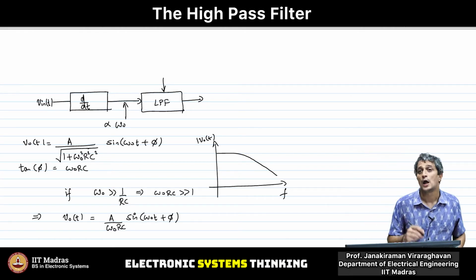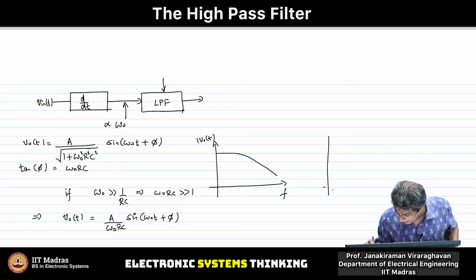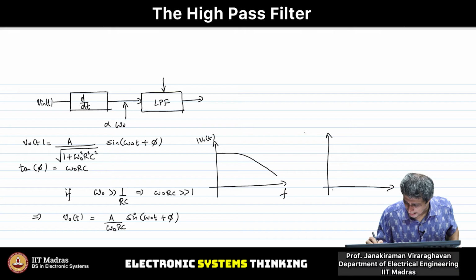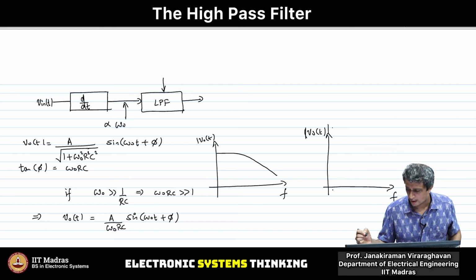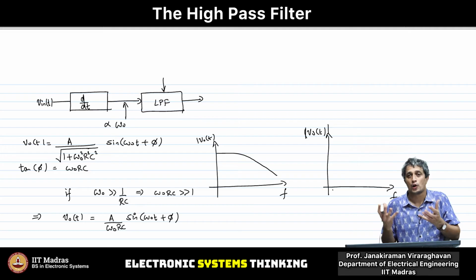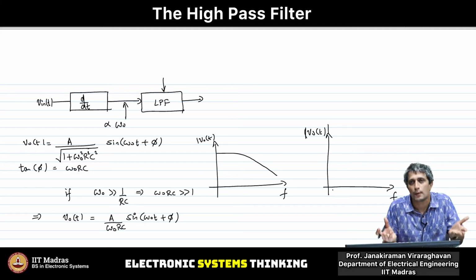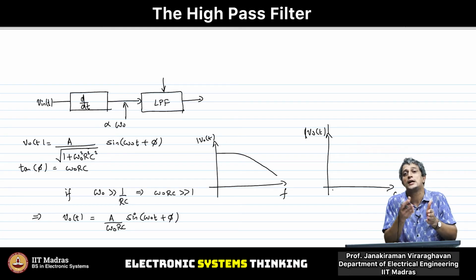On the other hand, if I now took the case of the high pass filter that I am talking about here, and did the same plot, mod of V naught of t as a function of frequency, then like I said, for lower frequencies, first of all, you are killing the amplitude because you are doing A into omega naught.